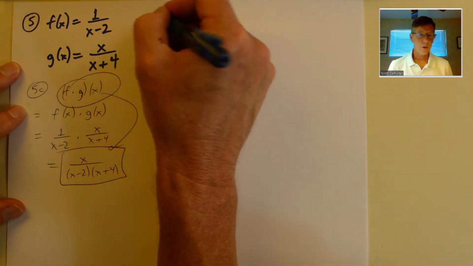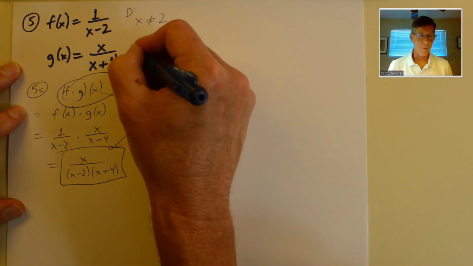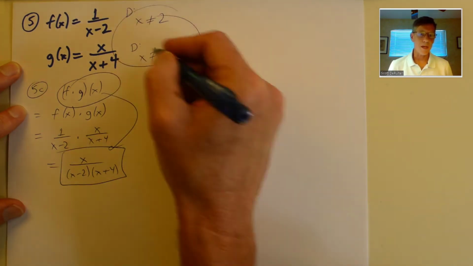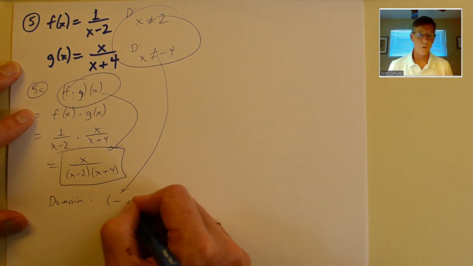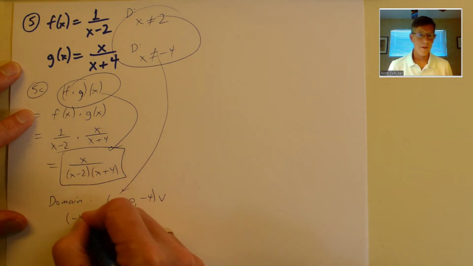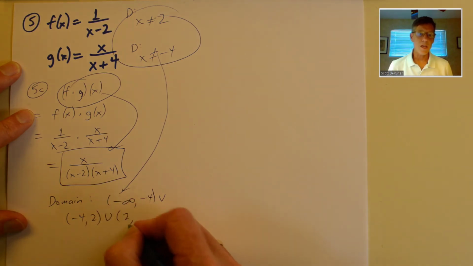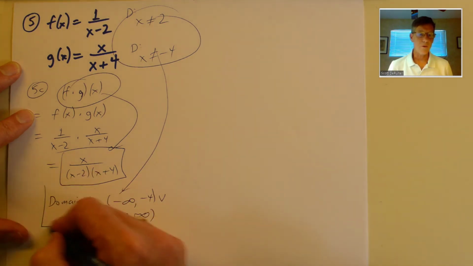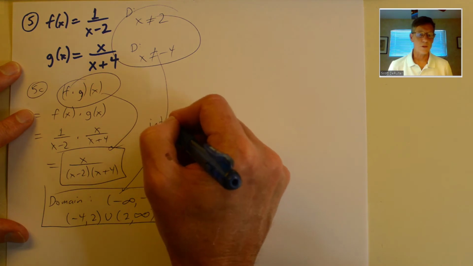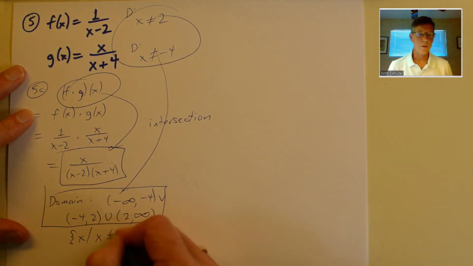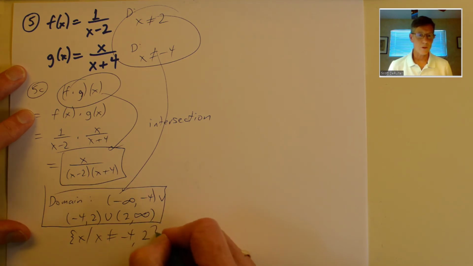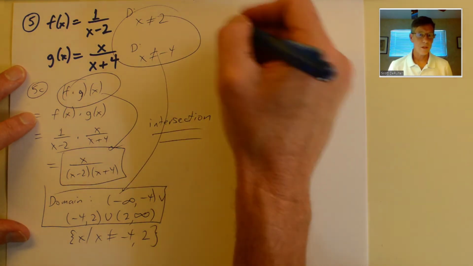And then if we're looking at the domain, remember that the domain here has to be the intersection of these two original domains. So we have to throw out the 2 from the f and the -4 from the g. And so we can write that in interval notation, excluding the -4, excluding the 2. It's the intersection of those two domains.